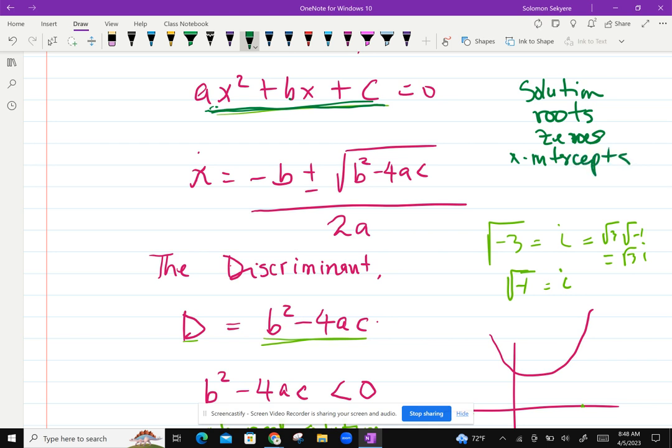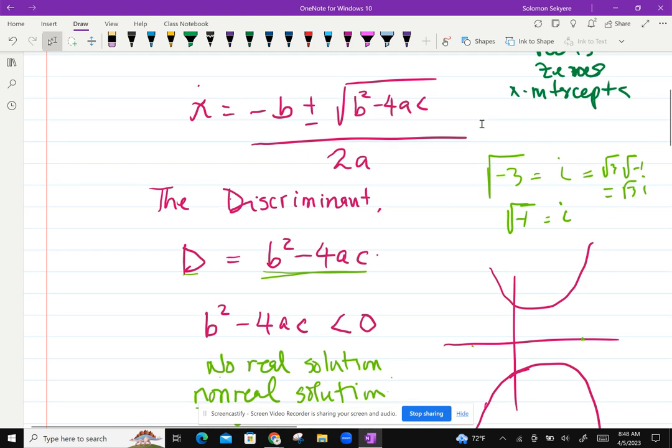All these mean the same, because when you're solving a quadratic equation, what you're solving for is the x-intercept of the equation, the same as the roots, the solutions.